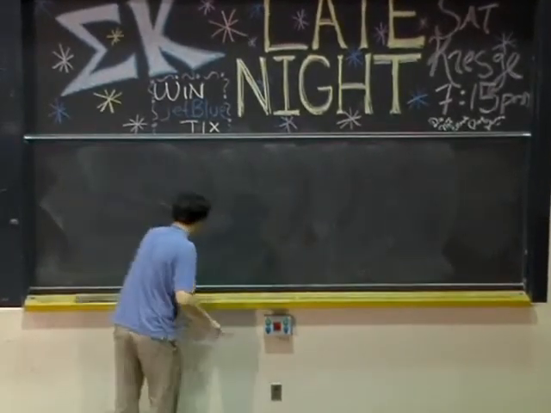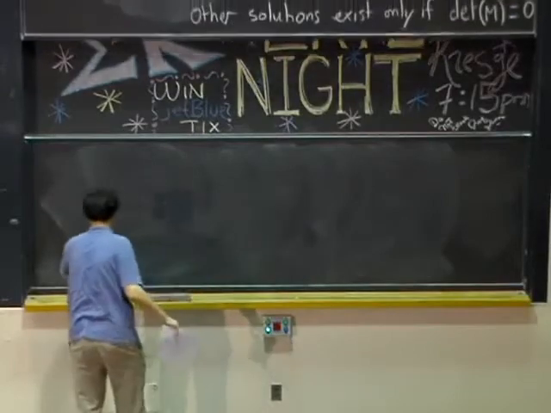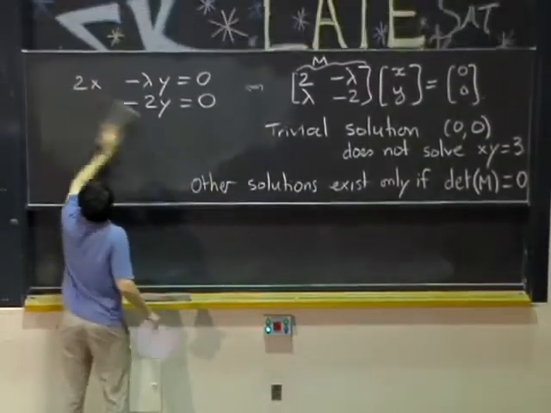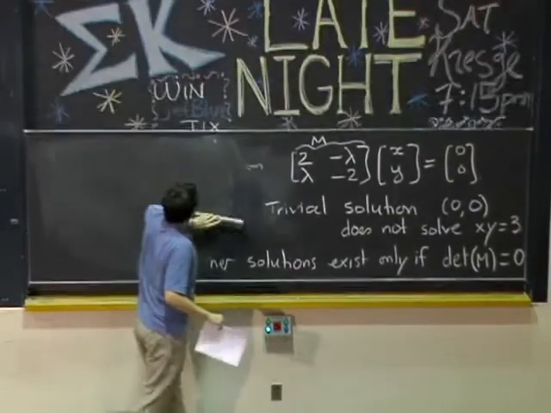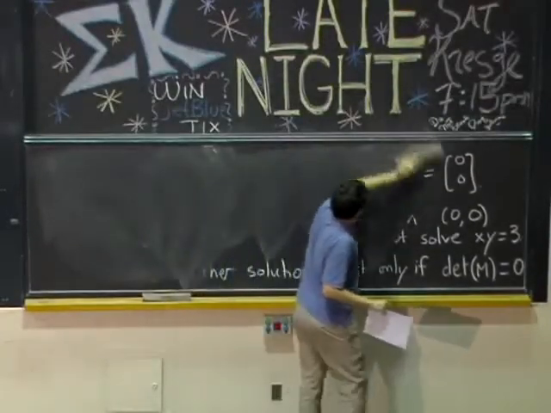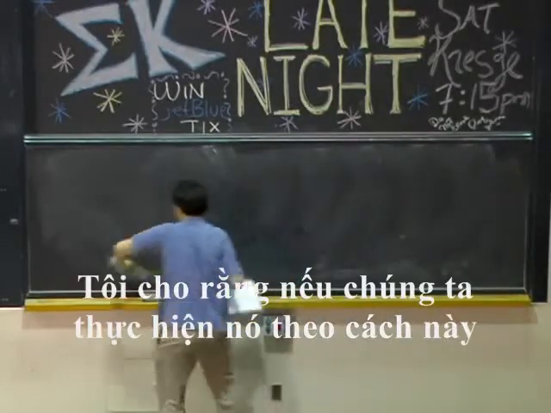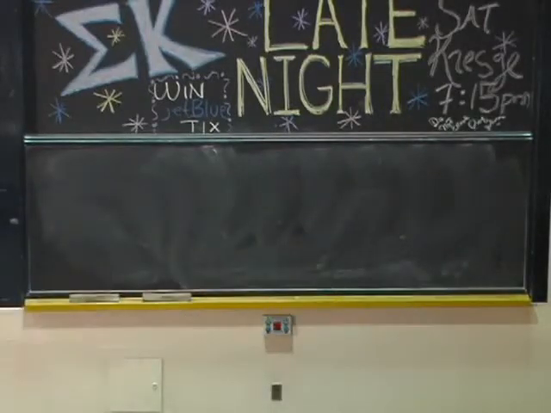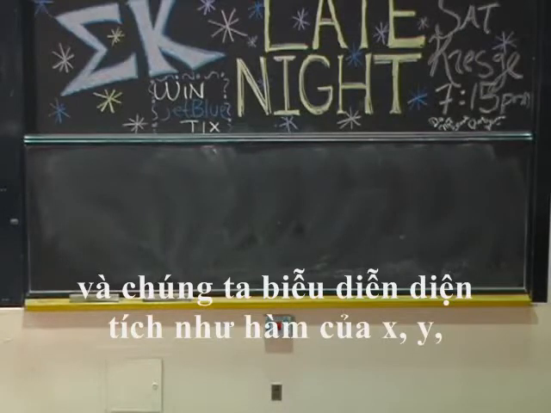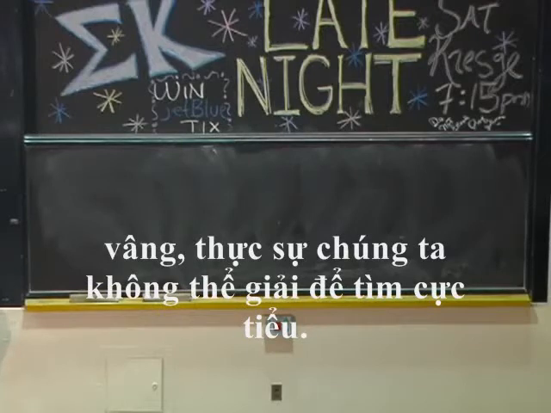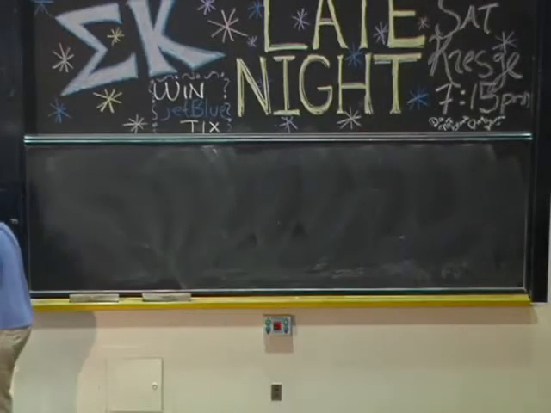Oh, I have one more board. Okay, so I claim if we do it this way, and we express the area as a function of xy, well, actually we can't solve for the minimum.